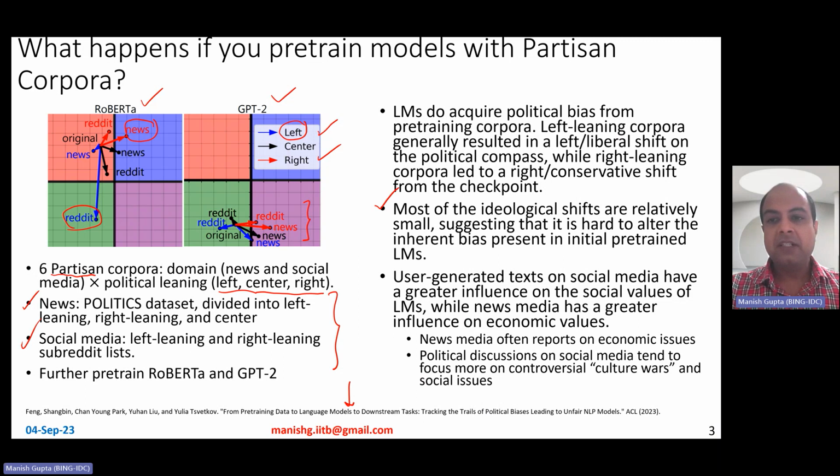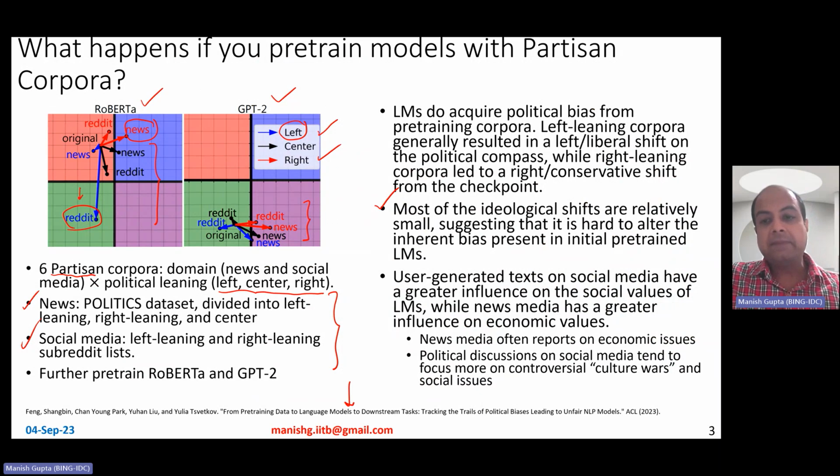Now, the other thing to observe is that typically, if you look at the Roberta model specifically, and if you look at the left-leaning corpus, especially the Reddit corpus actually causes a lot of change on this axis, on the y-axis, which is the social axis. So basically making the Roberta model, which originally is essentially pretty authoritarian, move towards the liberal regime.